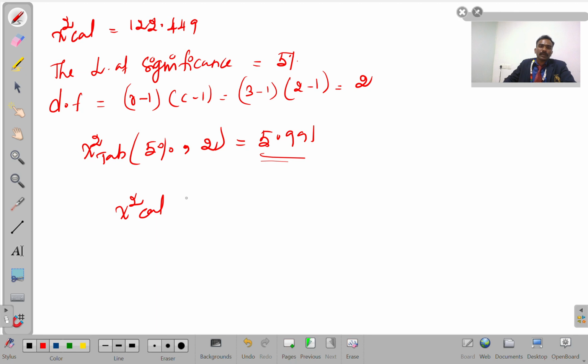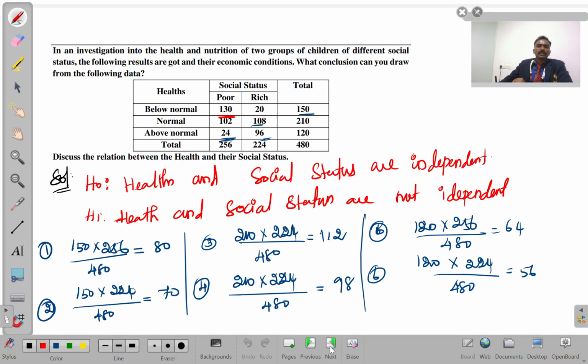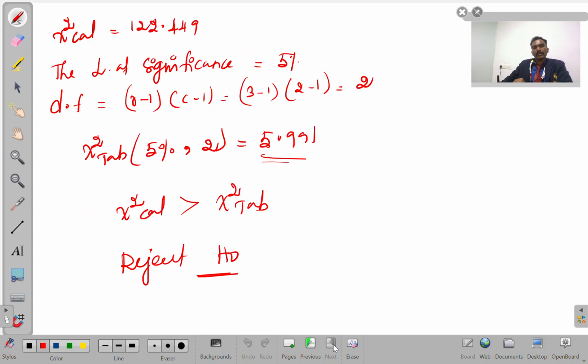So the chi-square calculated value is greater than the chi-square table value. Therefore, we reject H naught, which means that health and social status are not independent. In this problem, the conclusion is that health and social status are not independent.